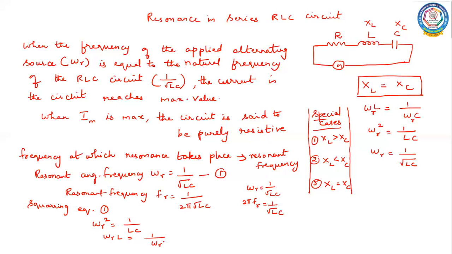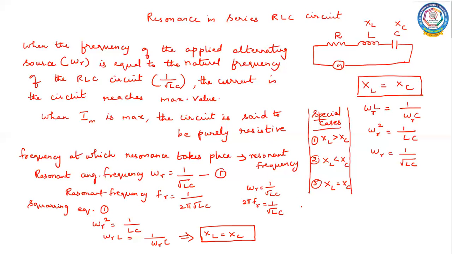So this will become omega r into C. Which implies that omega L equal to 1 by omega r into C, which is XL equal to XC. So this is the condition for resonance. So when XL is equal to XC, then you will have electrical resonance occur in a circuit.